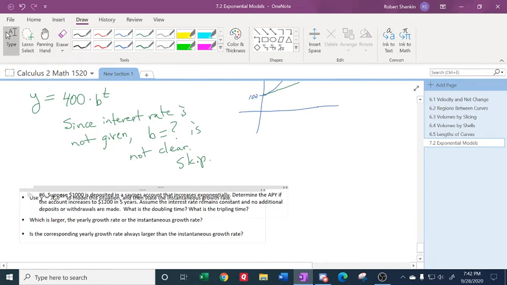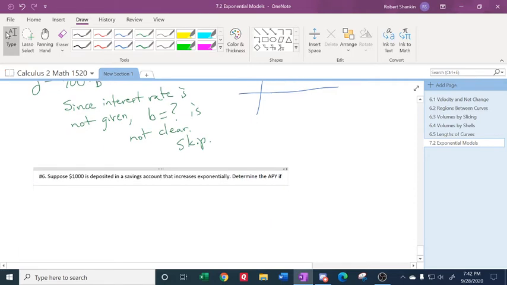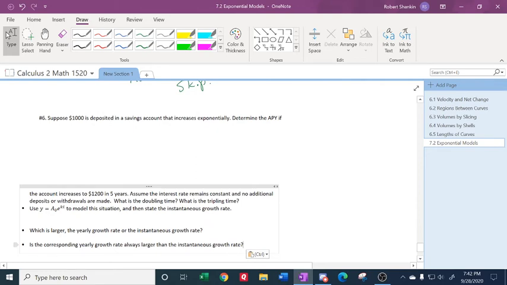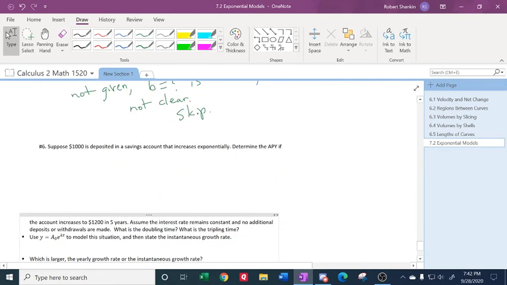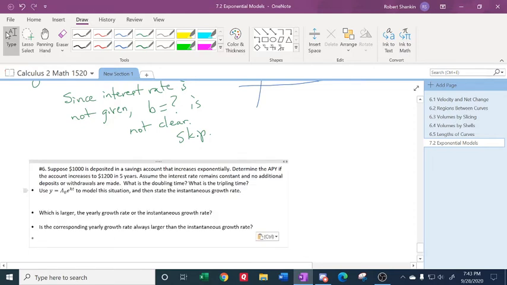Let's go to number 6. And in this part, we've got overlapping. Let's bring this part down here.